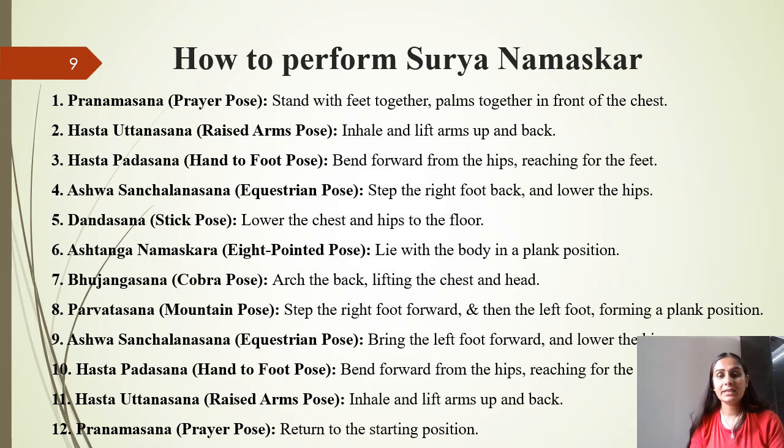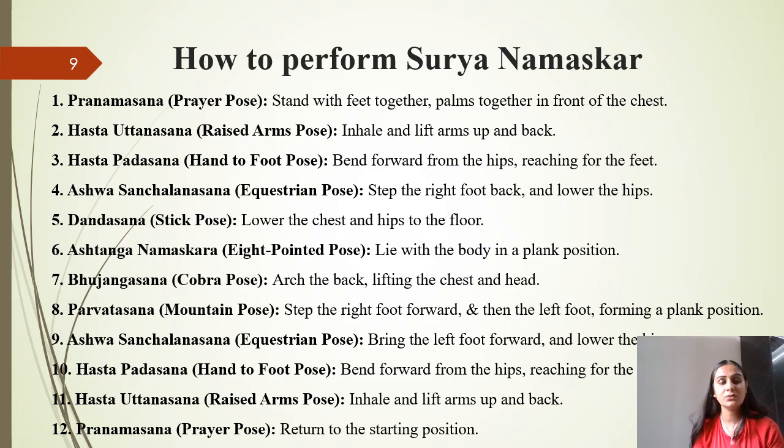Lie with the body in a plank position. Seventh one is Bhujangasana. It is also called Cobra pose. Arch the back, lifting the chest and head. Eighth one is Parvatasana, which is also called mountain pose. In this step, you have to step the right foot forward and then the left foot, forming a plank position.